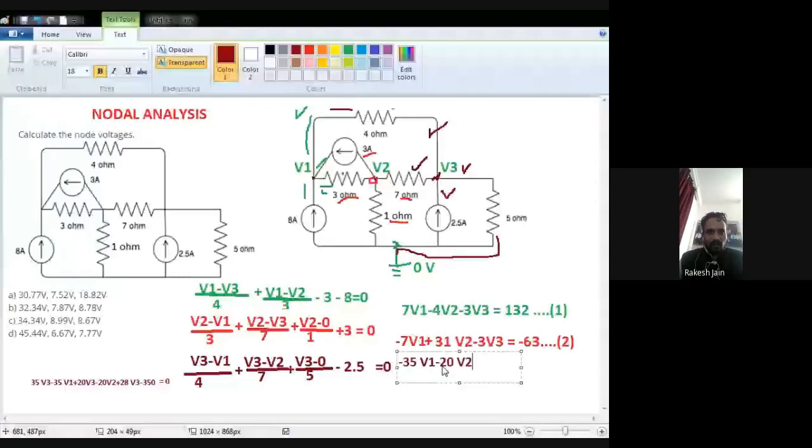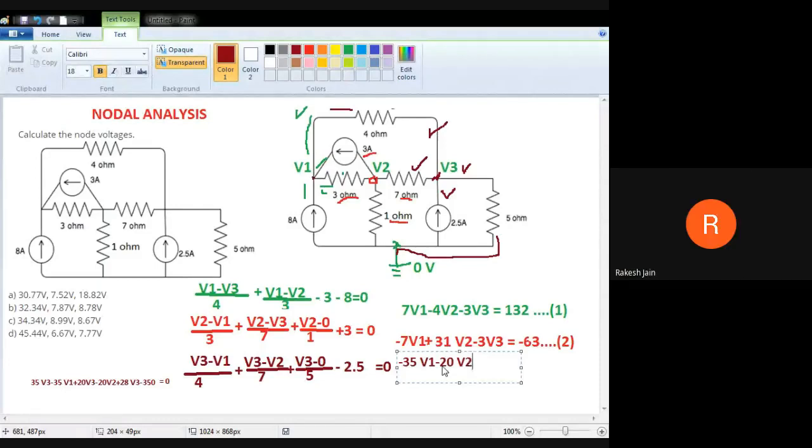Minus 35 V1 minus 20 V2, and how many V3 are there? 35, 20 and 28.